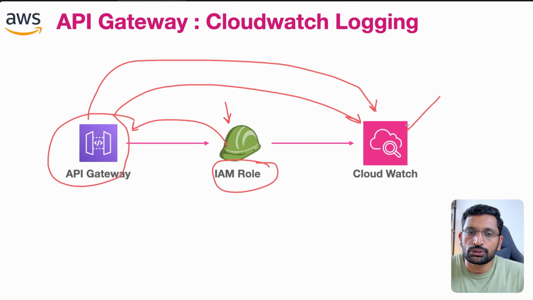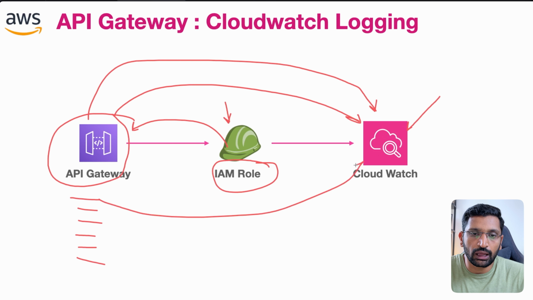And in the CloudWatch we will have a log group, and these log groups will be uniquely identified by the API ID. So for example, if there are 10 APIs available over here in the API gateway, then each API has its own unique ID, and that unique ID will have its unique log group over there so that you can identify and take a look at the logs for troubleshooting.